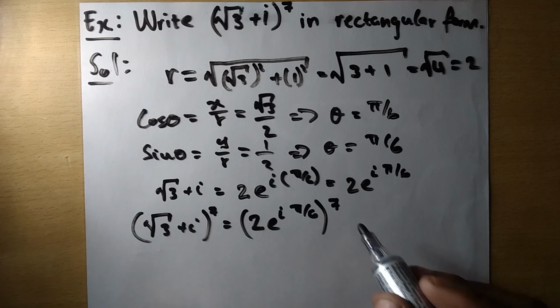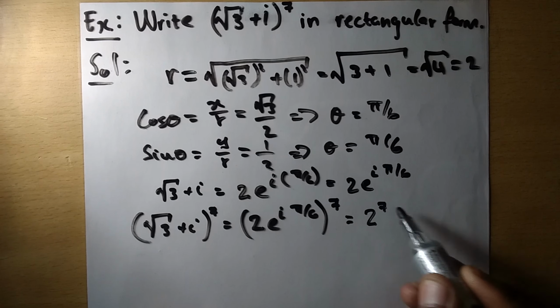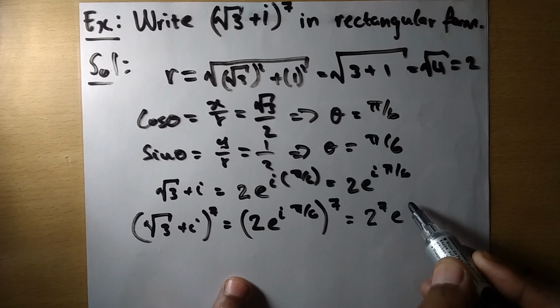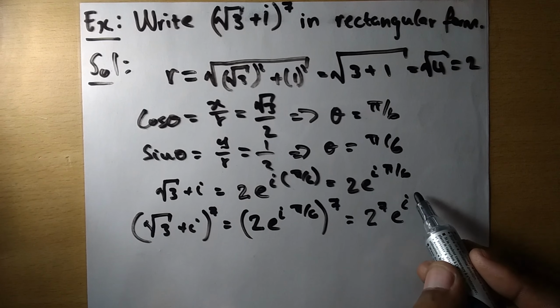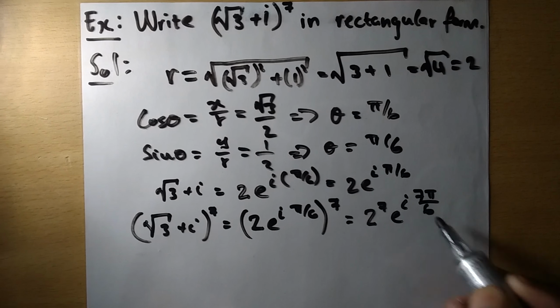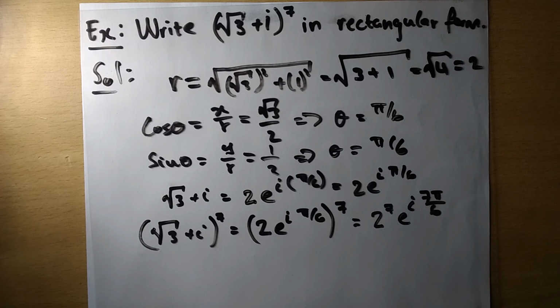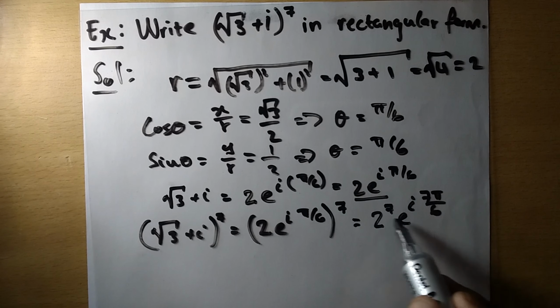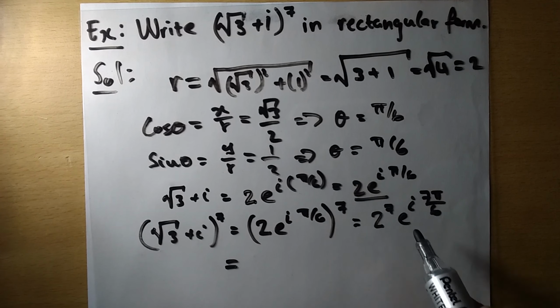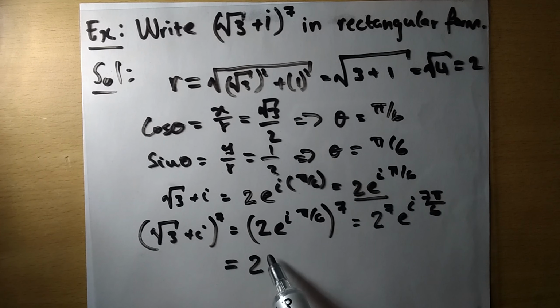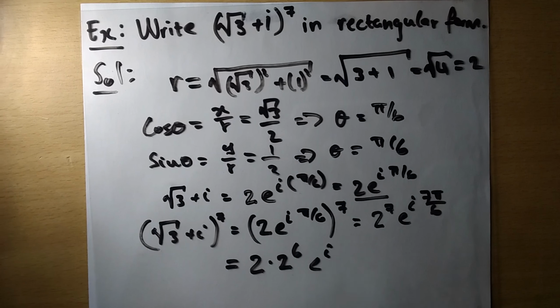This will just be 2 to the 7, and then you're going to have e^(i 7 pi/6). What's going to happen next is that I'm going to try to take something out of what I have here. I can rewrite this as 2 multiplied by 2 to the 6, and then e to the i.